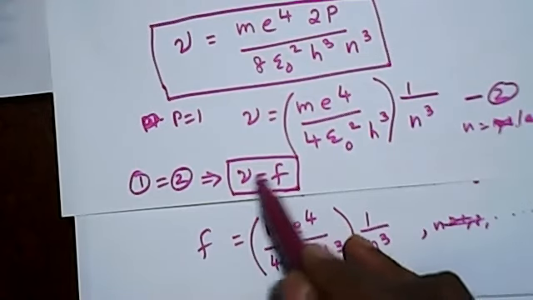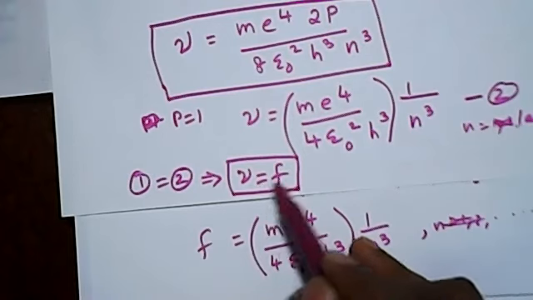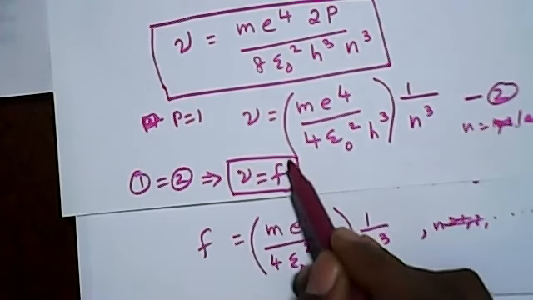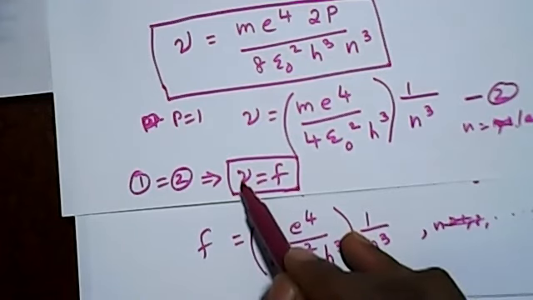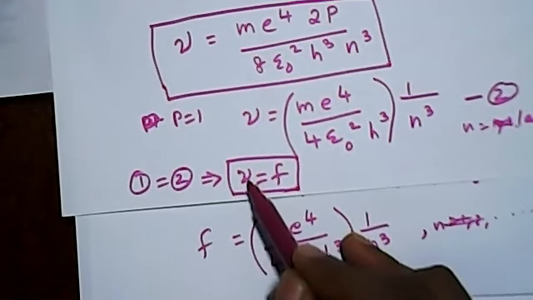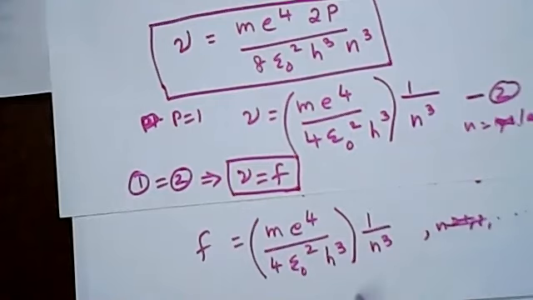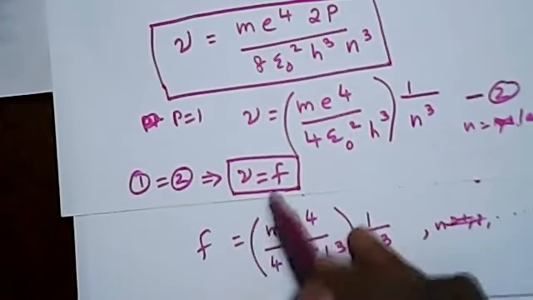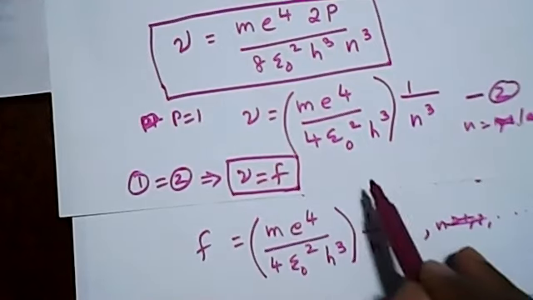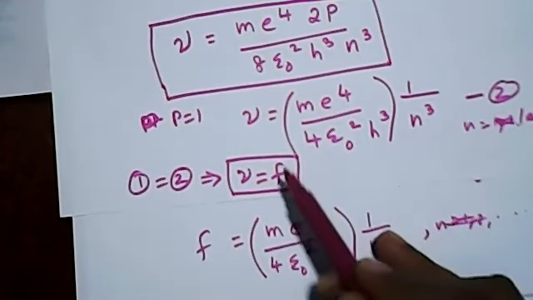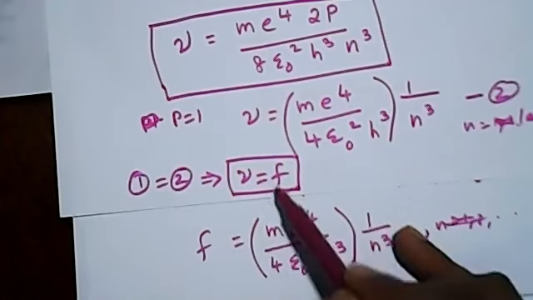All antennas work with that principle. If the electron is oscillating with frequency f, the same frequency is emitted from the antenna. So the emitted radiation is nu, the same frequency. This shows that at very large quantum numbers, this is actually the classical equation.